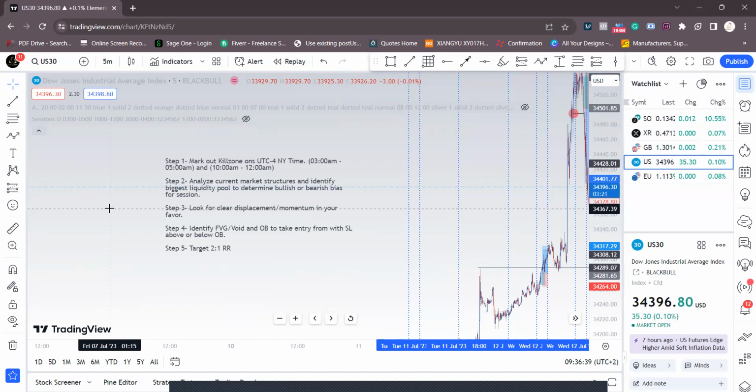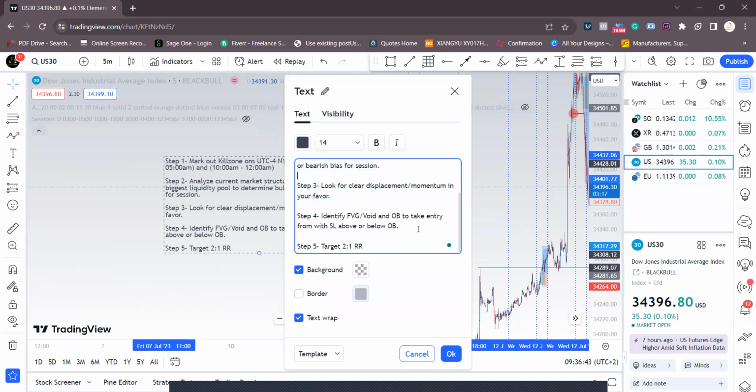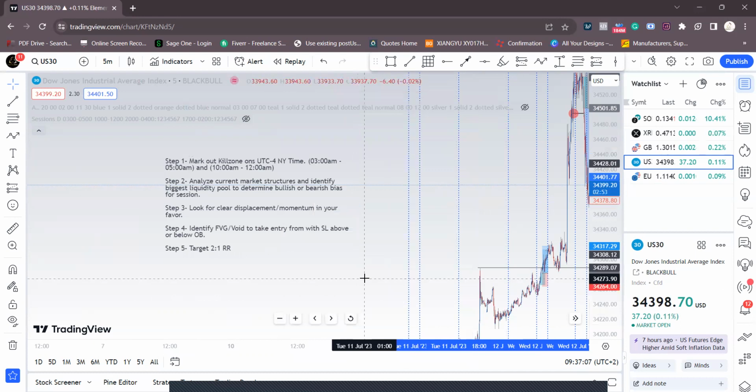Super important: identify the void to take entry from. You're going to take an entry only from the void, with stops above or below the order block, so you don't get confused there. And you only target 2 to 1. Only target 2 to 1.